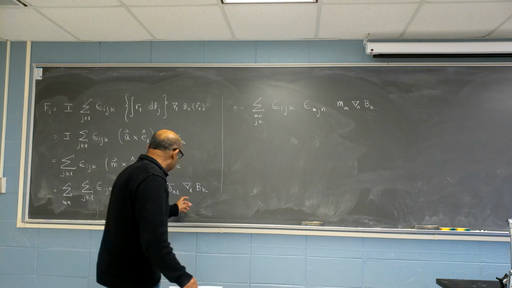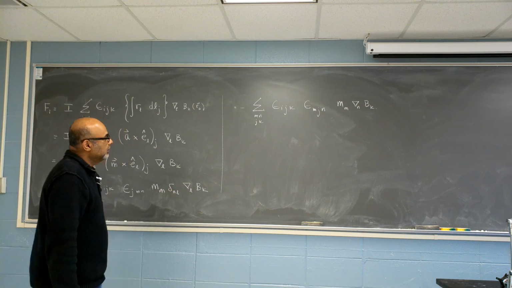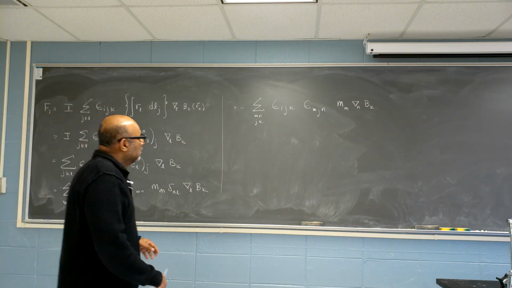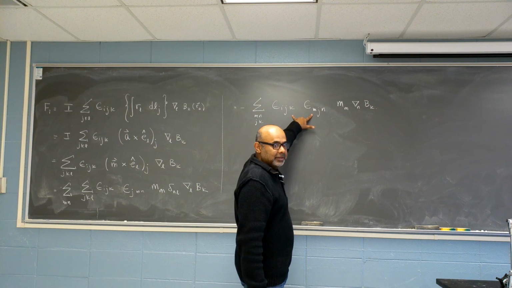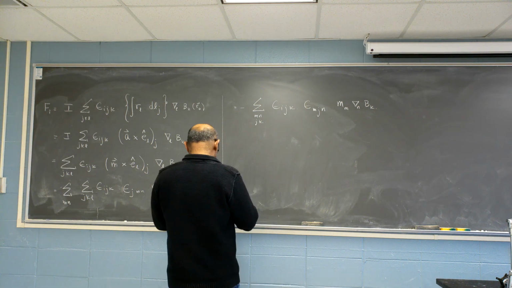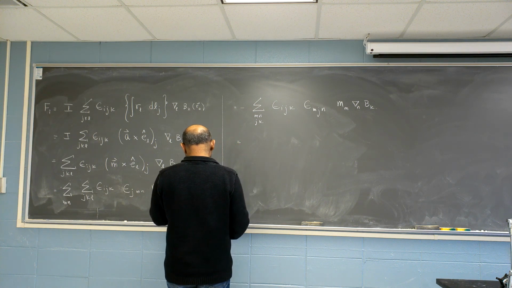I could either retain N or I could retain L, but I guess I chose N because M is there. Largely because this is exactly the formula that we had. And when we do that, the summation on J goes away.